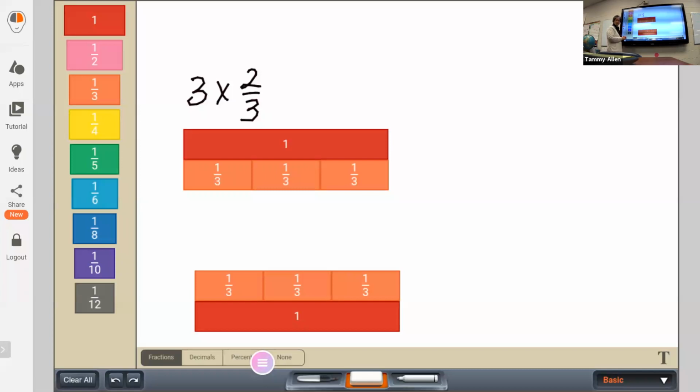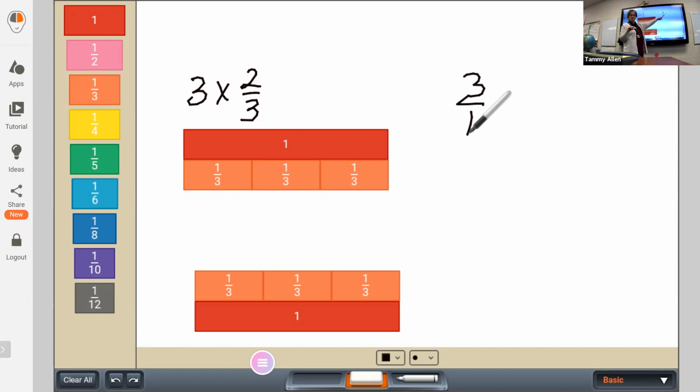And that gave you 2, right? Okay. So mathematically, we would do it 3 over 1, because that's a whole number. Does that make sense? What's 3 divided by 1? 3. That's where that comes from. Multiplied by 2 over 3.